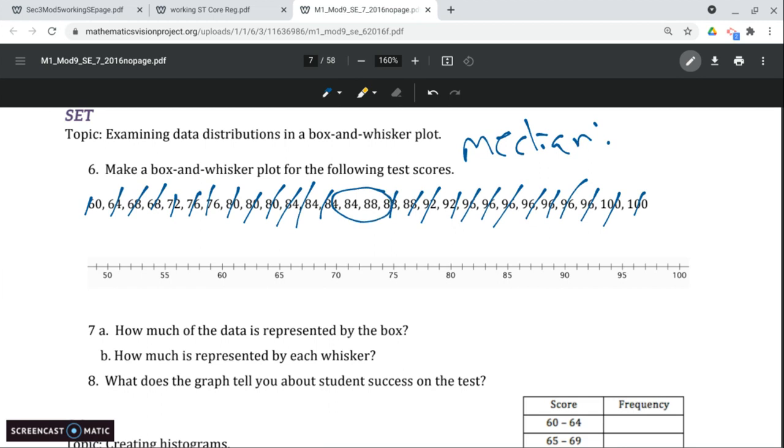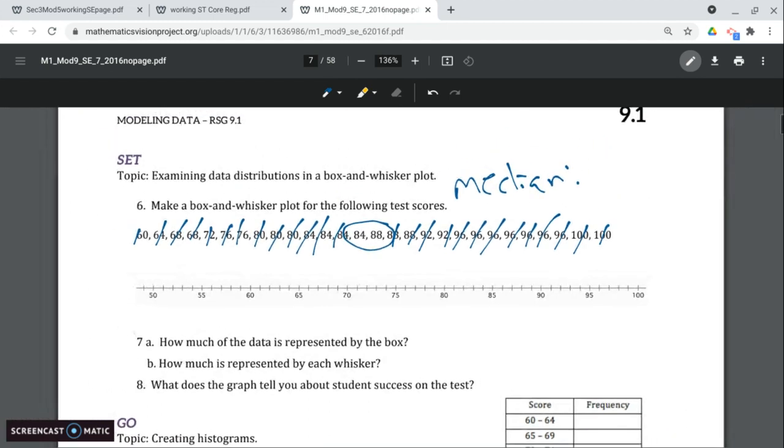In this case, we have two numbers that are in the middle. So we add these two numbers together: 84 plus 88, and then divide that by 2. So when we do that, we end up with a median of 86.